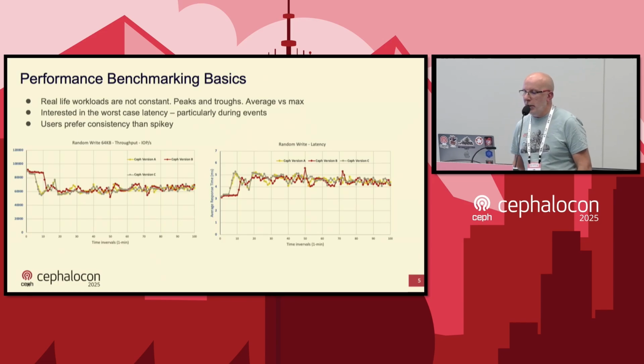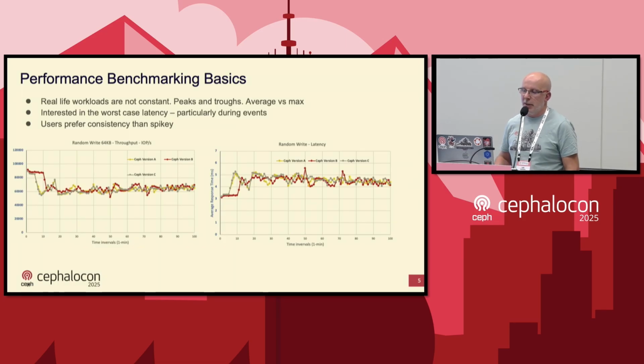On this chart, as I mentioned, real-life workloads contain peaks and troughs. You'll see an average and a maximum. And you're interested in also knowing what the worst-case latency is, particularly during events.